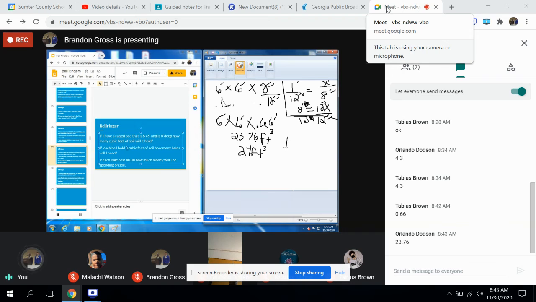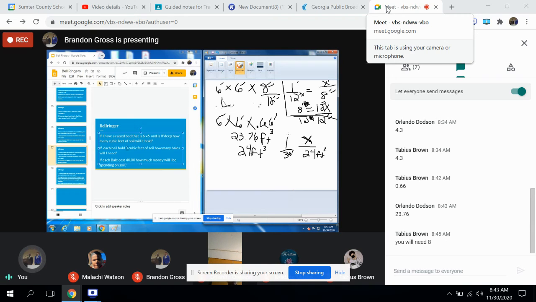So if we've got one bale that covers 3 feet cubed, we need to cover 24 feet cubed. How many bales do we need? That's your proportion for this particular problem. And if you thought about it logically, you'll realize that all you really have to do is divide.